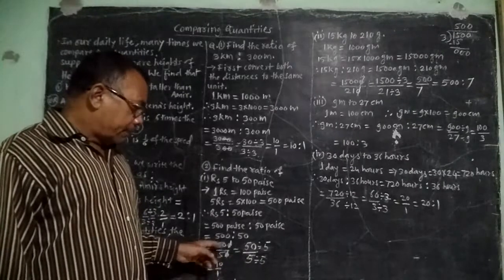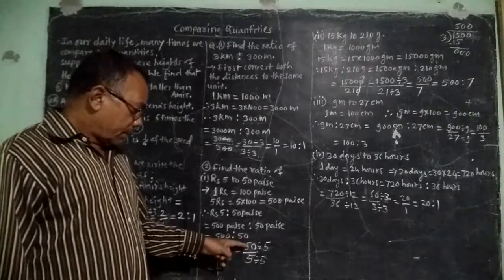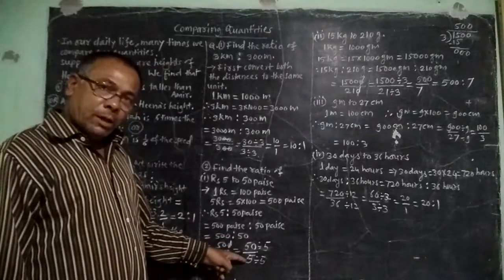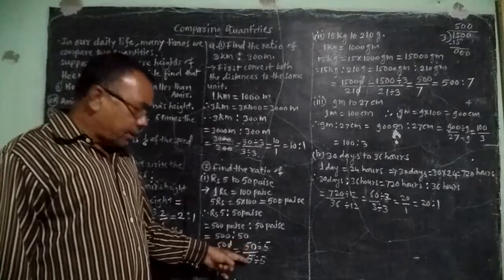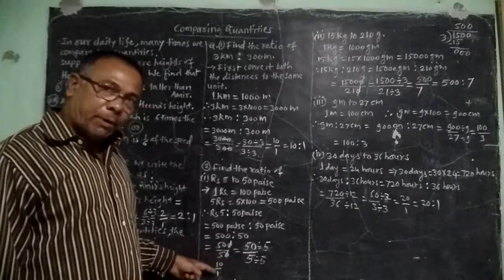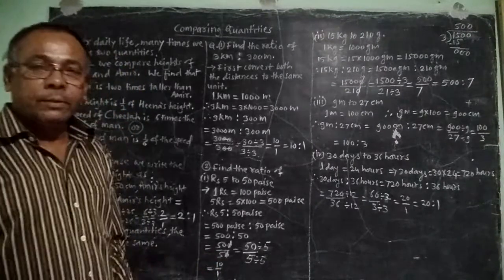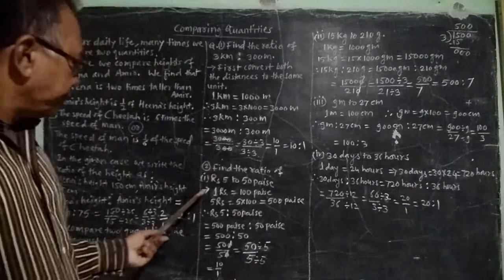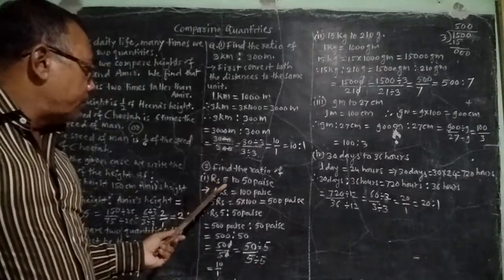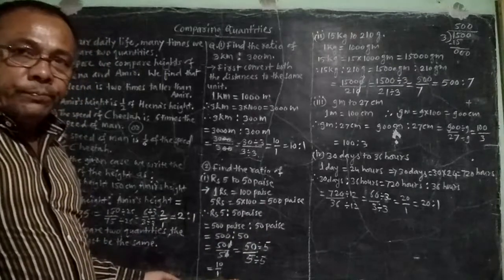After division we will get 50 upon 5, or again dividing both numerator and denominator by 5 we will get 10 upon 1, and 10 upon 1 can be written as 10 as to 1. So the ratio of rupees 5 to 50 paise is 10 as to 1.